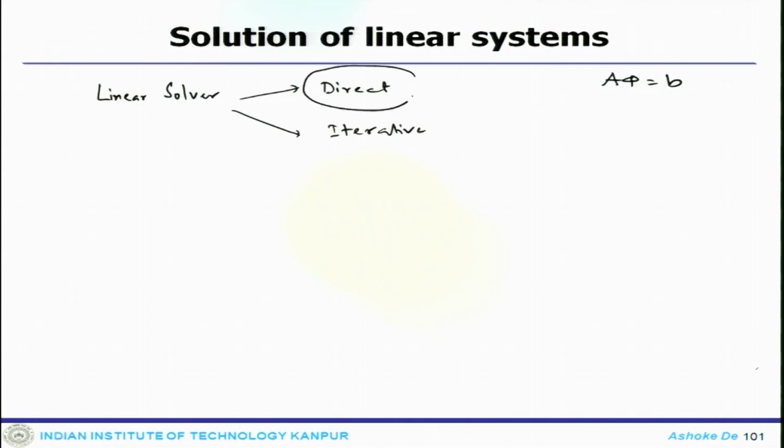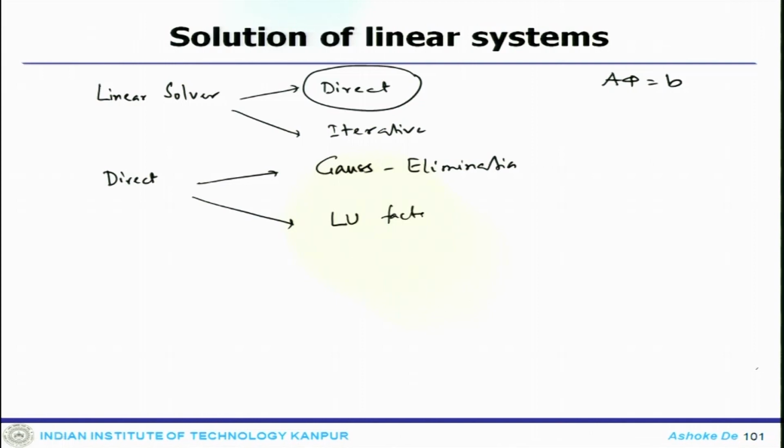This is what we discussed in the previous class, and under the direct approach we have done Gauss elimination and LU factorization, and we looked at how many operations one needs for either of these two processes.